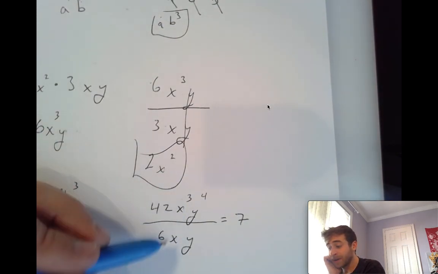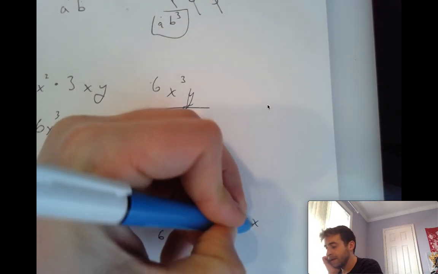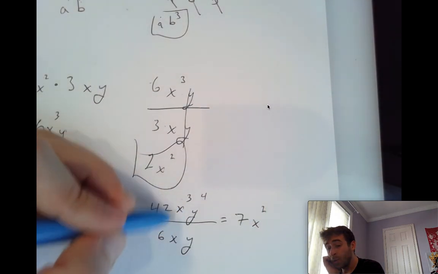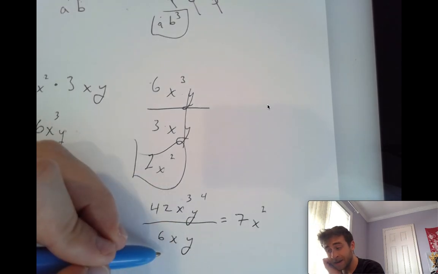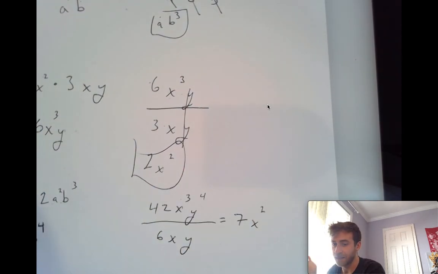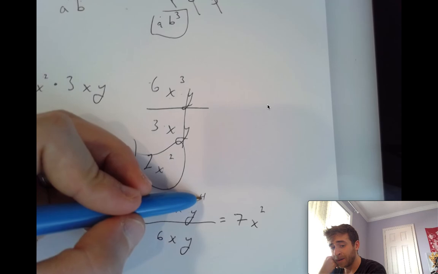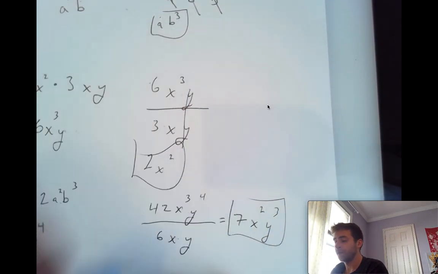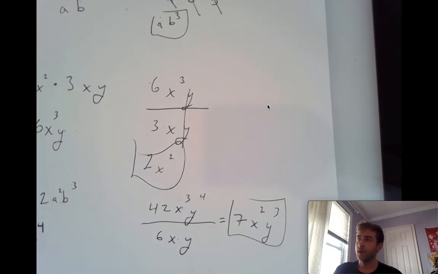X to the power of 3, divide an x out, is going to get me x to the power of 2, because this is x times x times x. So one of those 3 x's would cancel with the x on the bottom, left with 2 x's on the top, x times x. Y to the power of 4, divide a y away, that leaves me with y to the power of 3. So hopefully you get that.